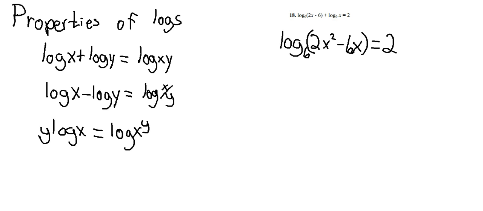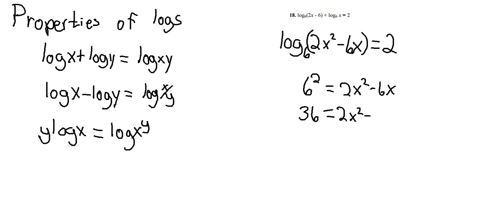Then we need to solve it. So we have the log by itself. We put it in exponential form. Our base is 6 squared equals 2x squared minus 6x. So 6 squared is 36 equals 2x squared minus 6x.